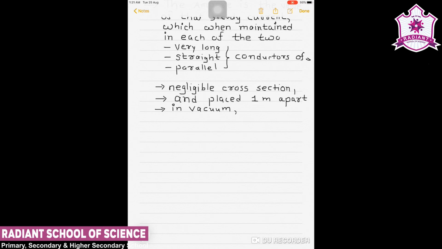What would it produce? When we put it in a vacuum, I am writing this in brackets, we need not write it.